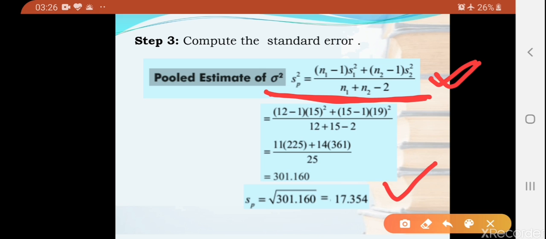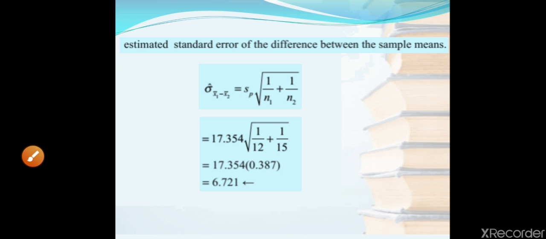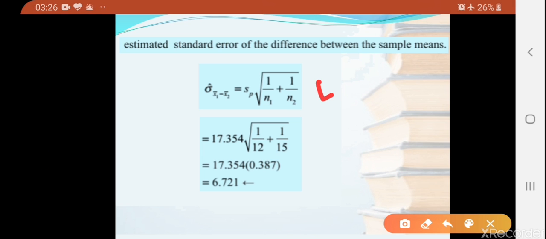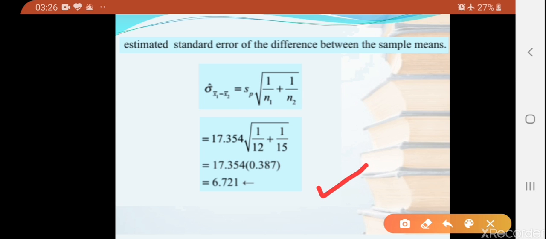From here we will find out the value of SP, and this SP will be used to find out the standard error of difference. So this is the formula to find out the standard error of the difference. So here we will use that value of SP. So substituting the values, you will get it as 6.721.